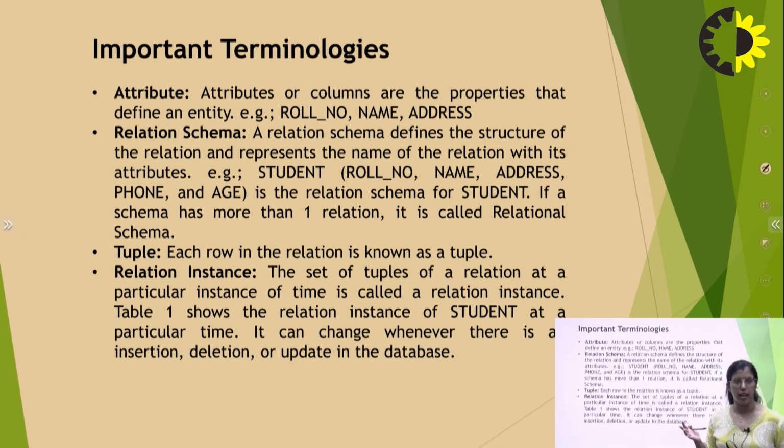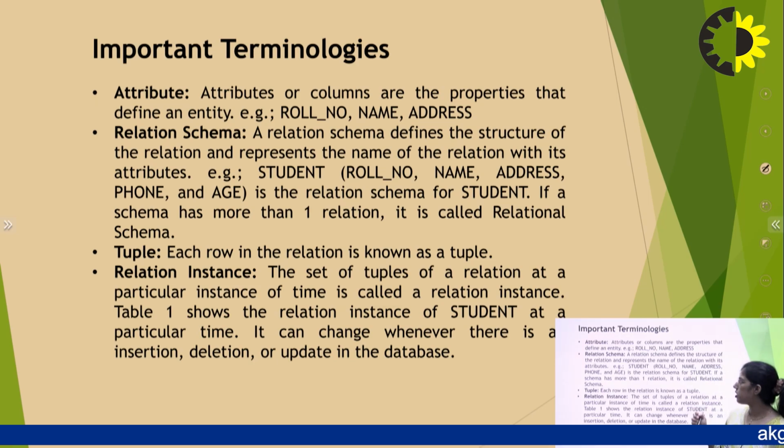Now, as I have already discussed, the first one is attribute. These are the columns of the relation, and each shows a property of a particular entity. Second one is relation schema. A relation schema defines the structure of the relation.